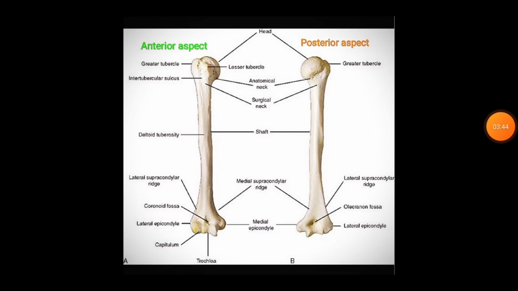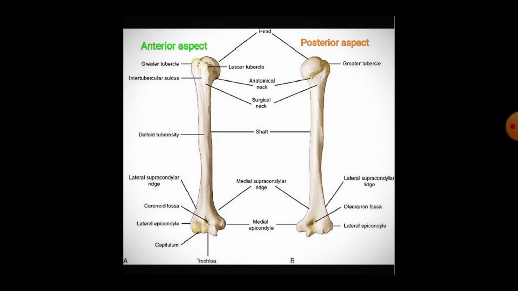Now we discuss a quick revision of the bony features or bony landmarks of the humerus. This is the anterior aspect and this is the posterior aspect of the humerus. This is the head, which is directed medially and upwards.